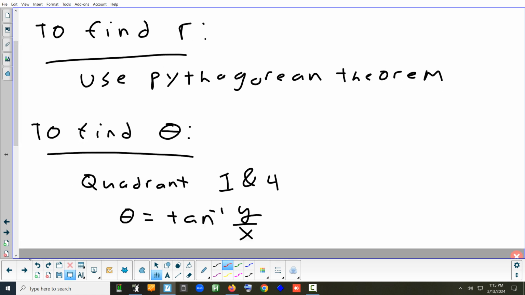Now, inverse tangent of y over x works half of the time, because if we think about inverse tangent, we've studied that before. When you type in something and press inverse tangent on the calculator, you're always going to get an answer between what two numbers?